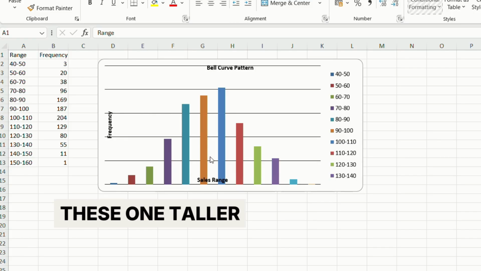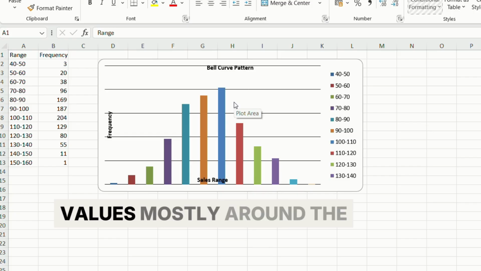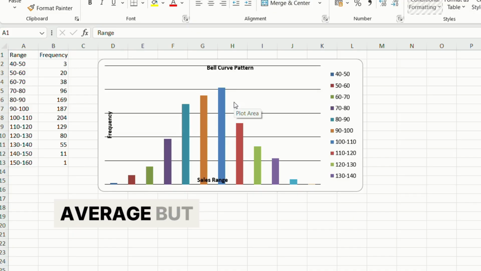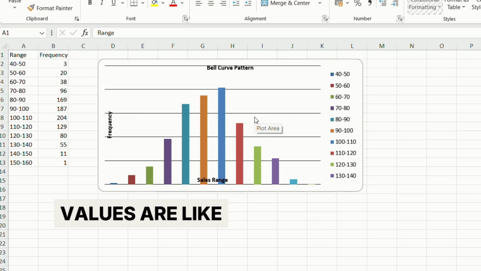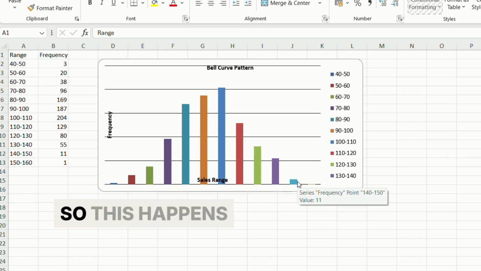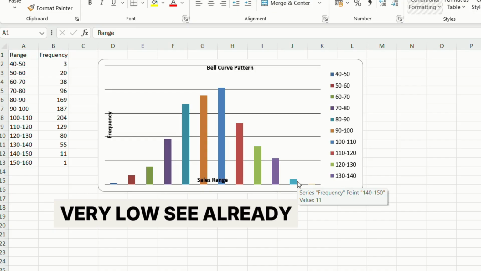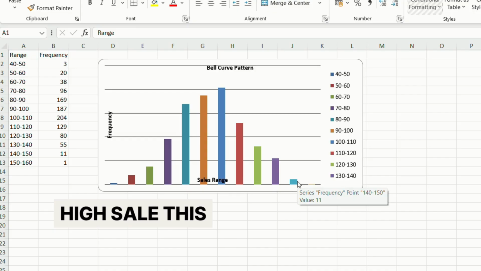So if the values are between 130 to 140, this is a very low or very high sale.